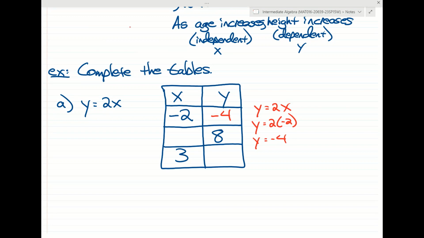For the second blank, again, if y is equal to 2x and y is 8, you could just replace that. And now we just have to solve for x. The way you solve for x is you divide by 2. And you get x is 4, or we could just write x equals 4.